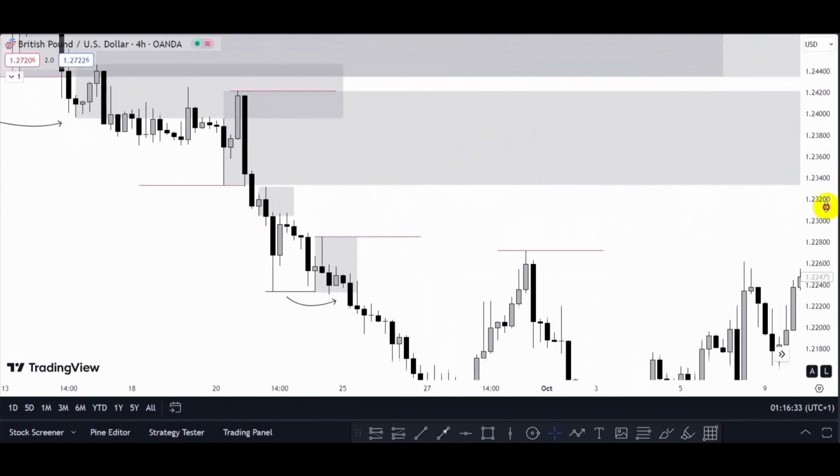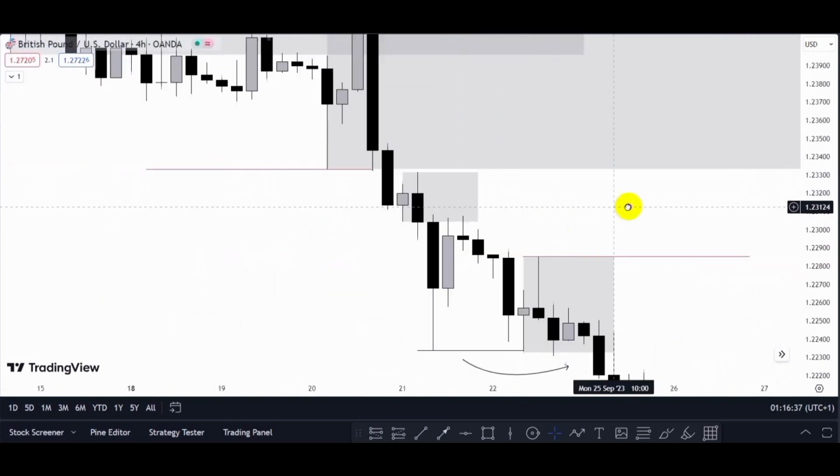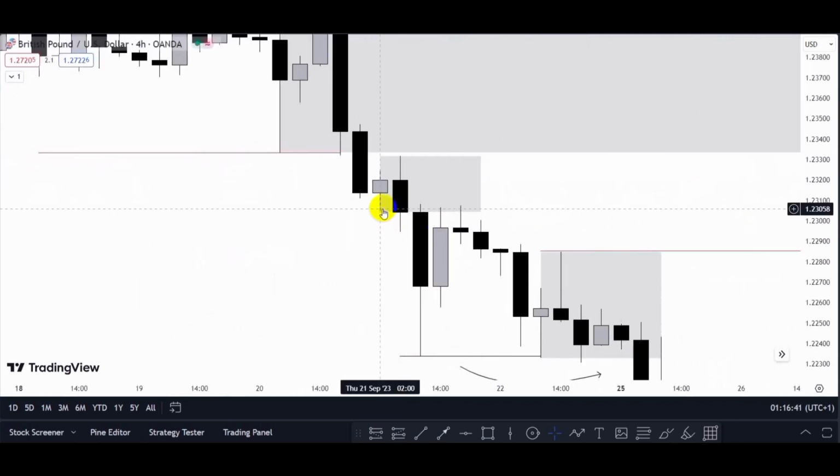Now we have a valid pullback here. We're going to do a video to actually explain more on how to mark out pullbacks. This becomes the lowest candle because this low is lower than this low. So this is a lower low. This becomes a lower high because this move to the upside took out the high of this candle.